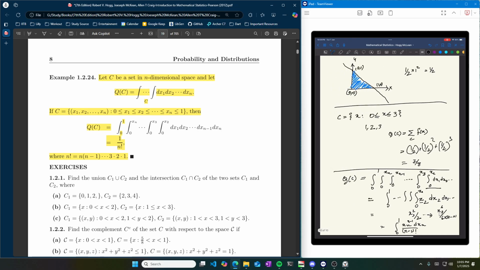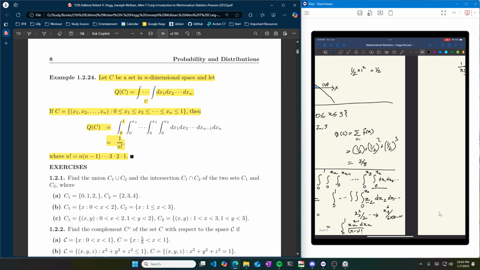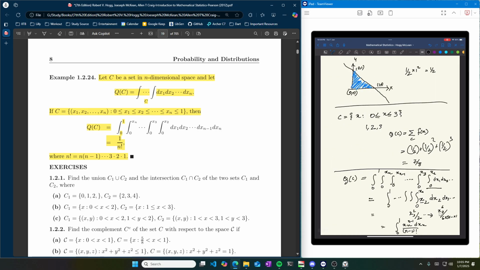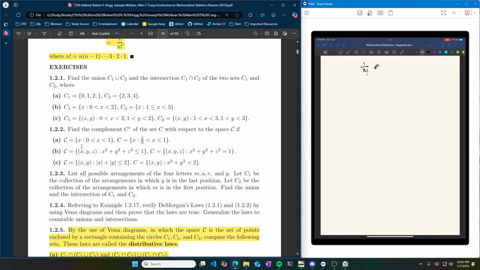Ultimately this would turn into 1 by n factorial, because it would come to the power n, and 1 to the power n minus 0 to the power n would just become 1. So it will be 1 by n factorial. It seems correct. All right.